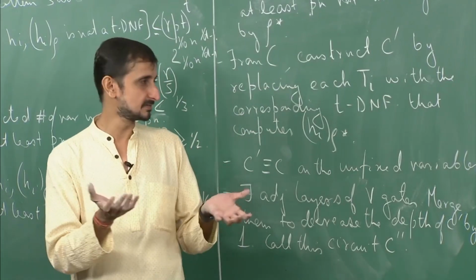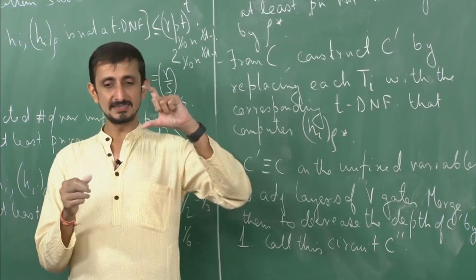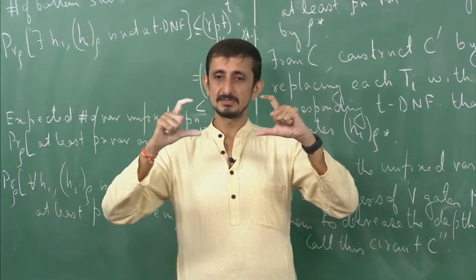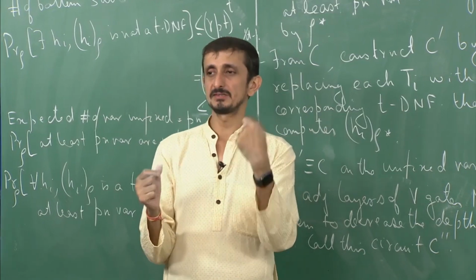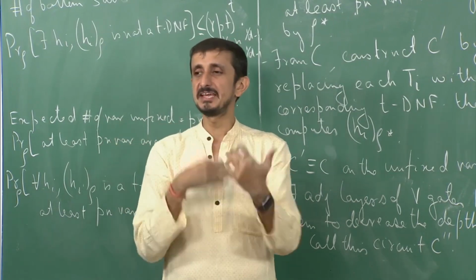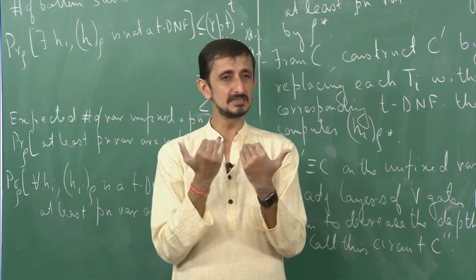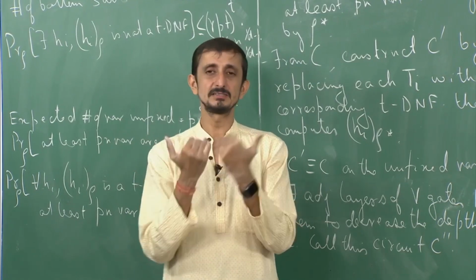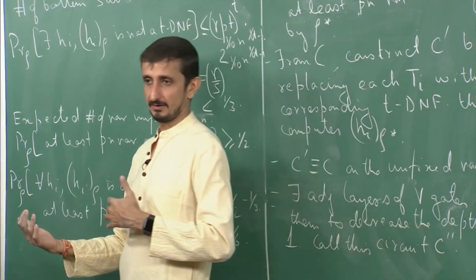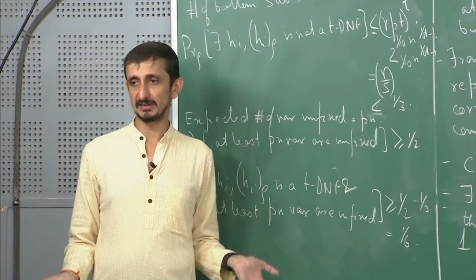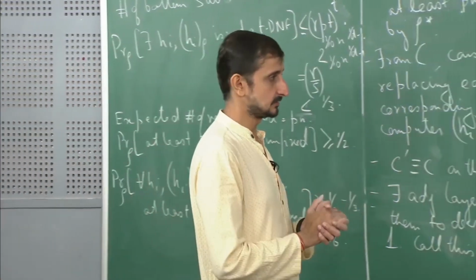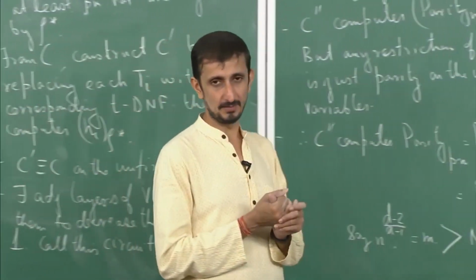In other words, if I have, let us say a DNF, if I take just two layers, computing some t-DNF or some t-CNF, and I flip them, then the value does not change so much, it remains quite similar with high probability. But parity is something that is very different. If such a thing happens, parity actually changes drastically. So, I cannot keep on doing this same thing and expect the final circuit to compute parity.